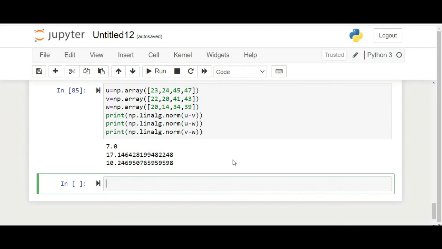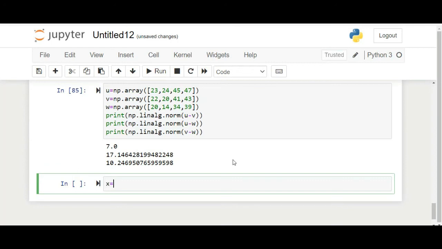Standard deviation, mean, median, mode. These are very common, very useful and very prominent topics in statistics. So we are working on the standard deviation now.